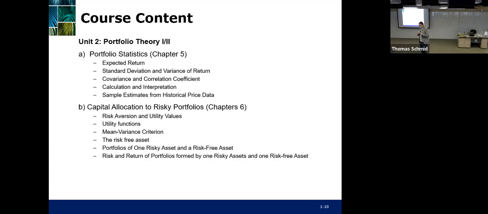Because some people have a very high level of risk aversion, so they really, really hate risk. So they will say, no, this thing is risky. Take it away, I don't want it. Other people will say, oh, that's a pretty good investment because they can tolerate risk better. Okay? And this will be risk aversion utility functions.